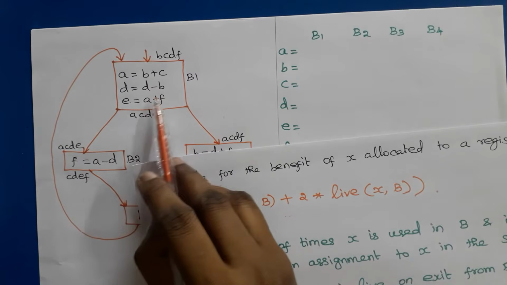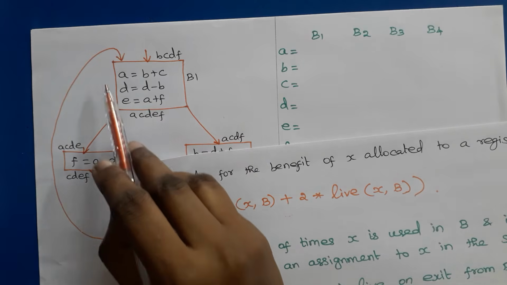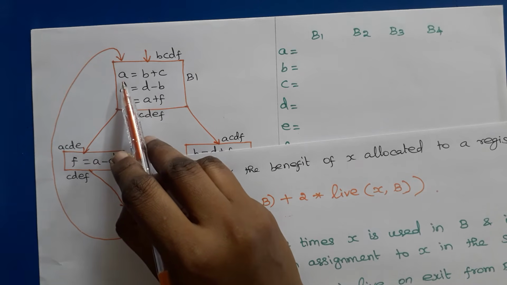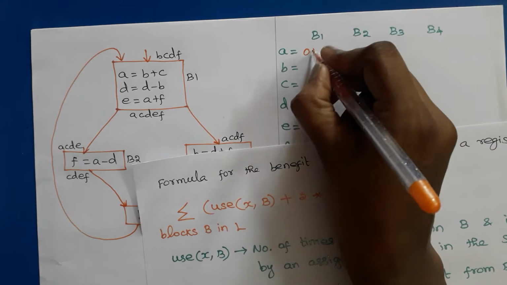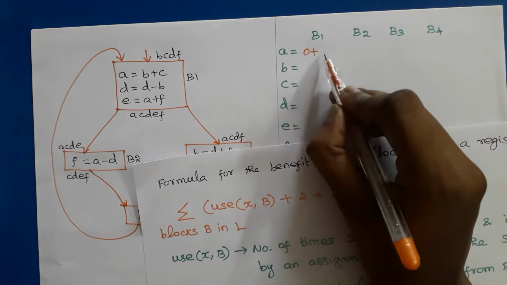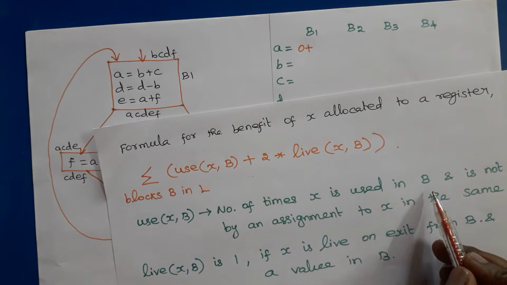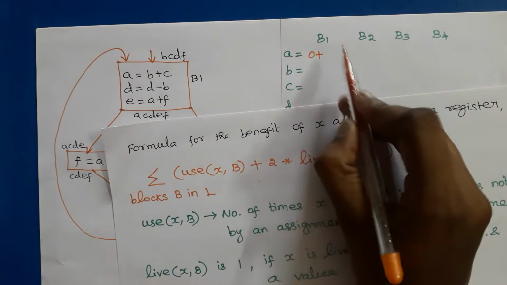So here a is used one time, but it should not be preceded by an assignment to a, but in this block B1 it is preceded by an assignment to a. Therefore 0. Use of a in block B1 is 0, because it is the number of times x is used in a block b and it is not preceded by an assignment to x.